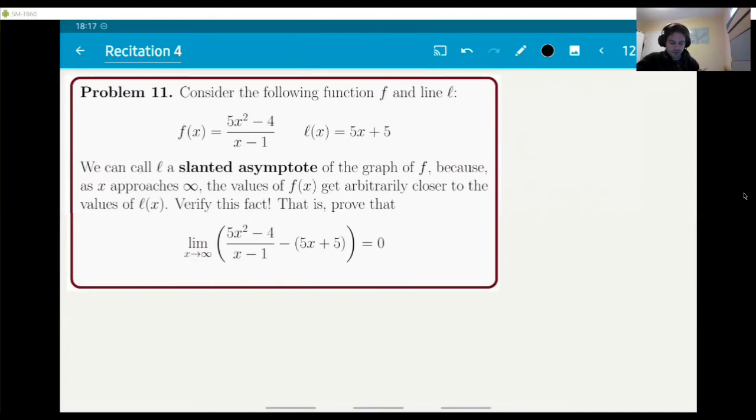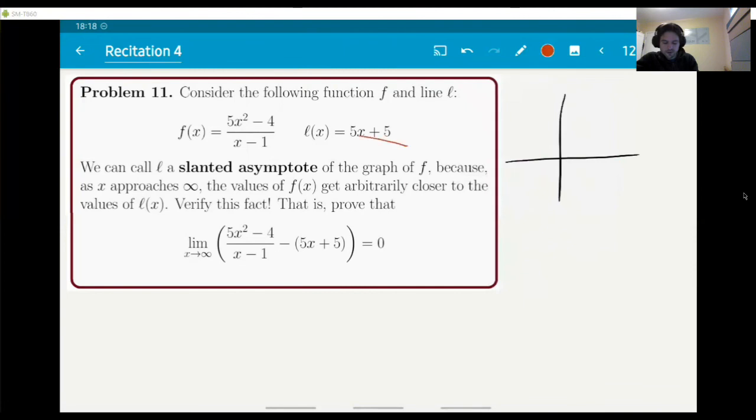So in this problem, consider the function f and also another function which is a line function, a function whose graph is a line. I'm giving you this f and this L. The problem is telling us that L is a slanted asymptote of f. They're saying that as x approaches infinity, the values of f are going to get arbitrarily close to the values of L. This is something that you can check if you try to graph.